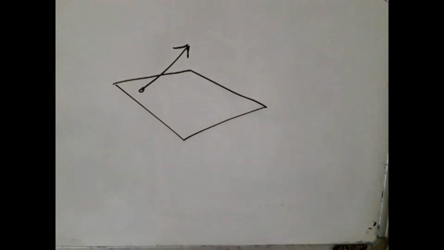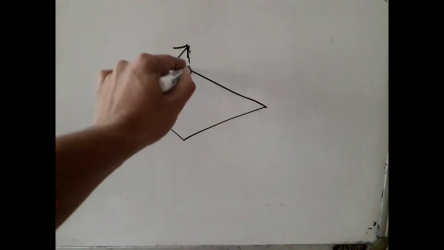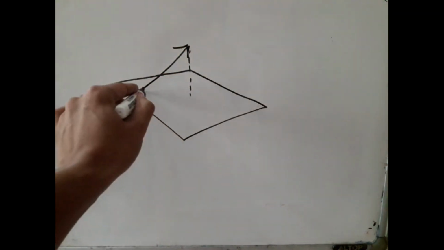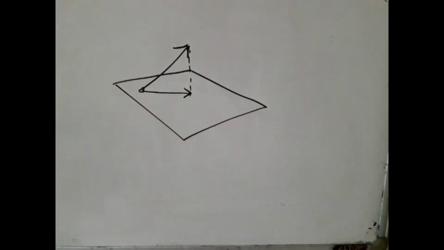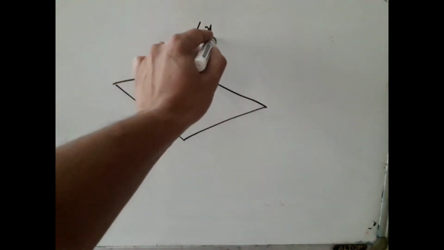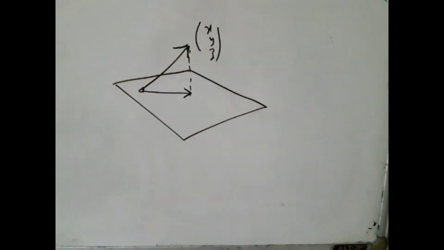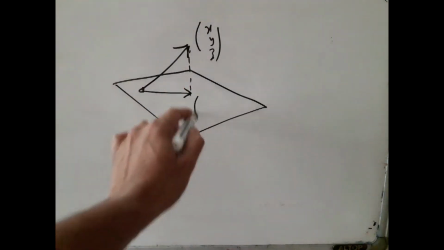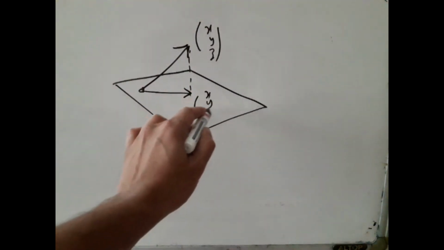When your screen is the xy plane, then it is quite easy to visualize the projection, and also it is easy to get a formula. And the formula is this: if this point is x, y, z, I am writing it as a column vector, this becomes x, y, 0.